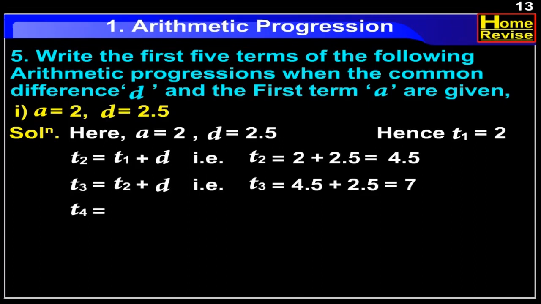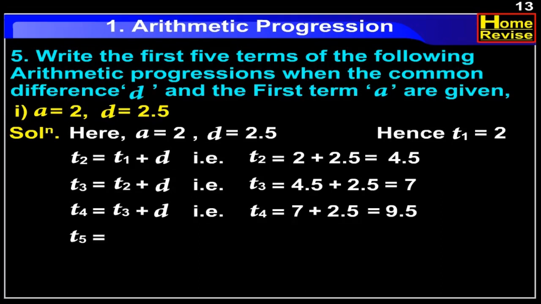T4 is equal to T3 plus D. That is, T4 is equal to 7 plus 2.5, which is equal to 9.5. And T5 is equal to T4 plus D. That is, T5 is equal to 9.5 plus 2.5, which is equal to 12.